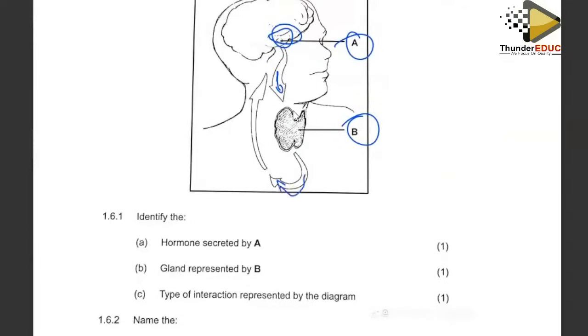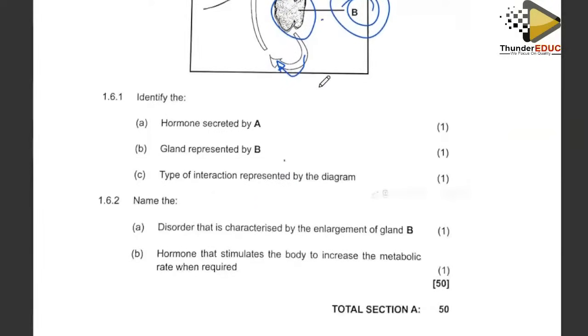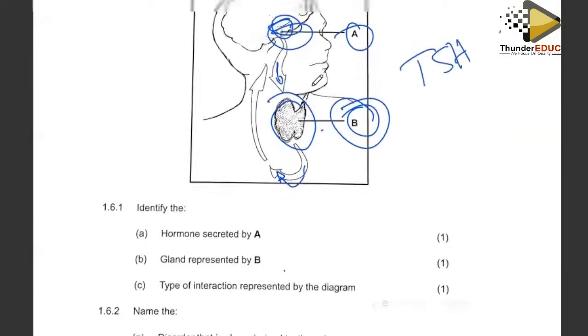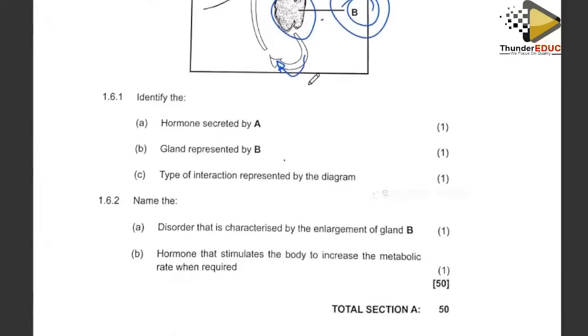The pituitary gland produces a lot of hormones, but the one that goes to the thyroid gland is TSH, thyroid stimulating hormone. The type of interaction represented in the diagram is a negative feedback mechanism.